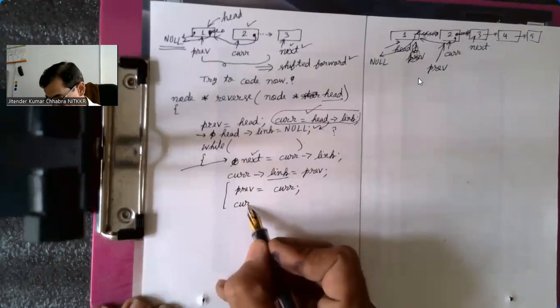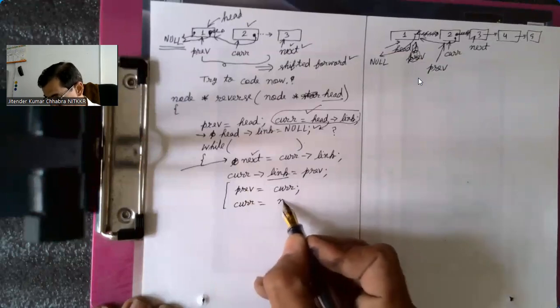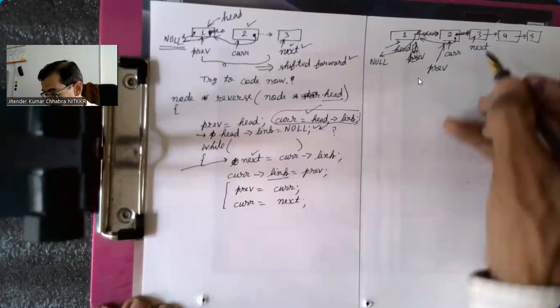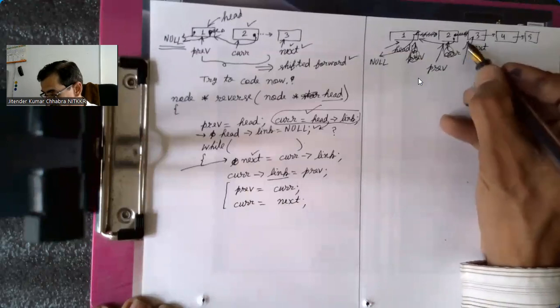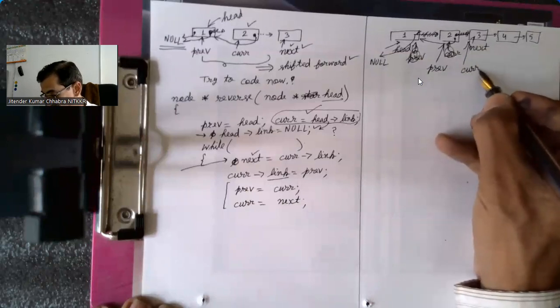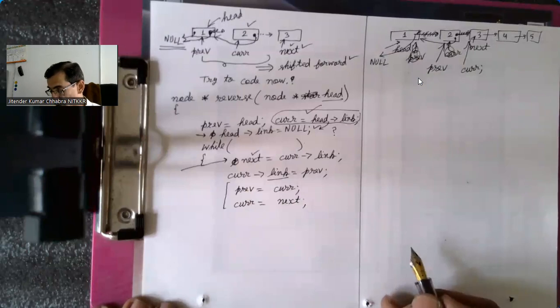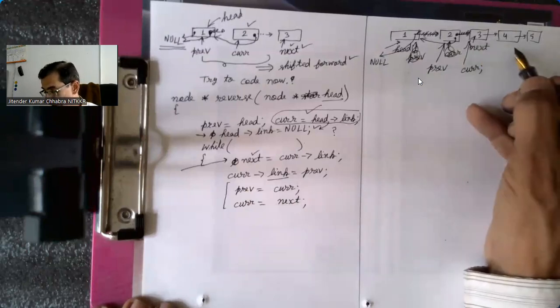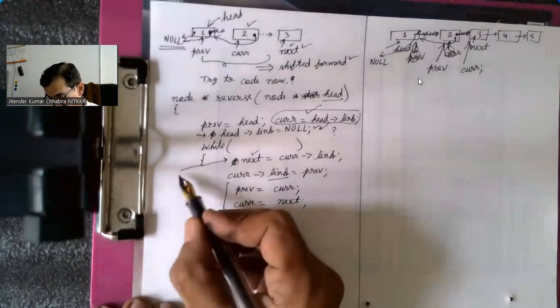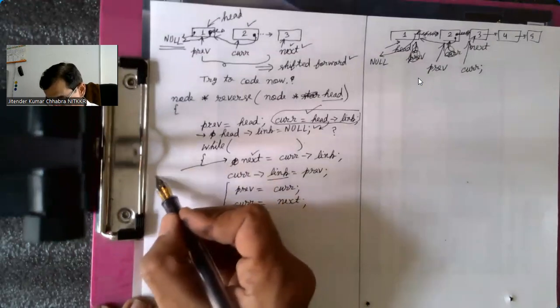Current can be shifted again, because for the next iteration, current needs to go to next. So my current comes here. And then next, you could probably think to shift it to next, but that is already being done here.